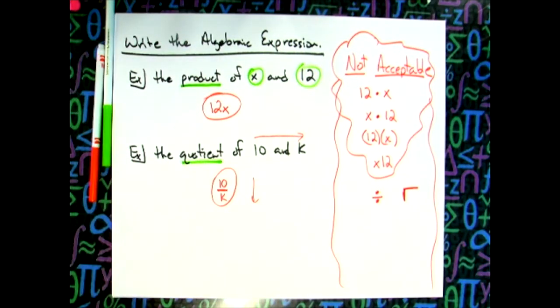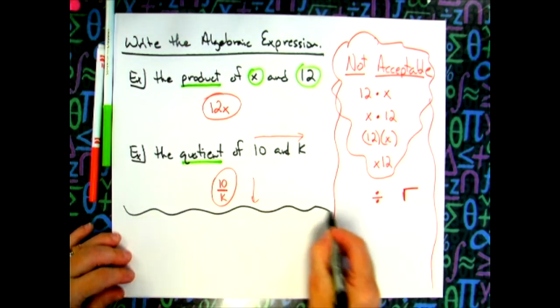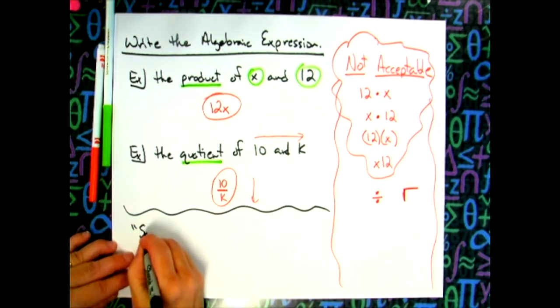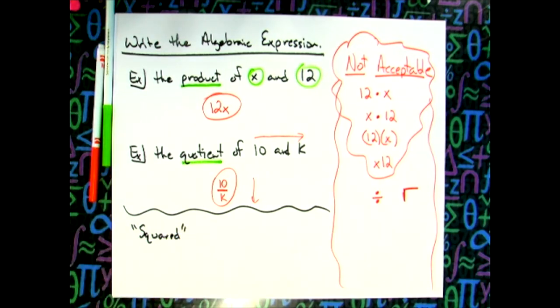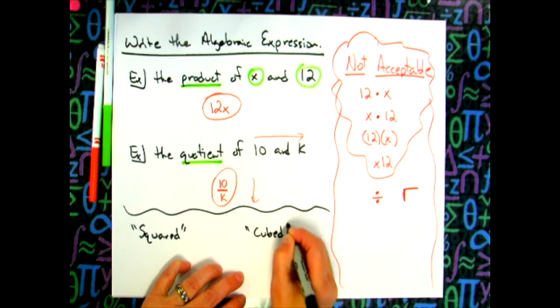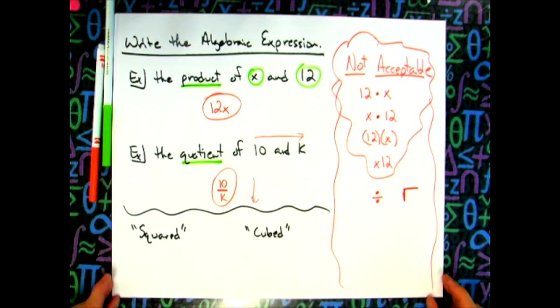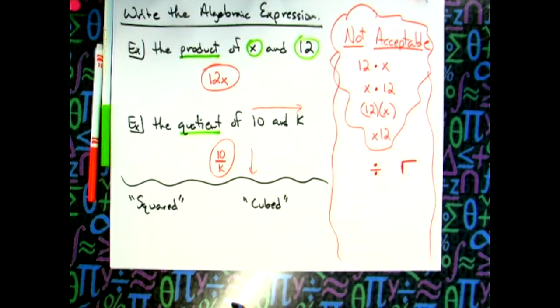Let's hit two other vocab words. I would like to think that you know, if I use the phrase squared, that you know what that means. I would also like to think that you know what cubed means at this point. So squared is what power? 2.